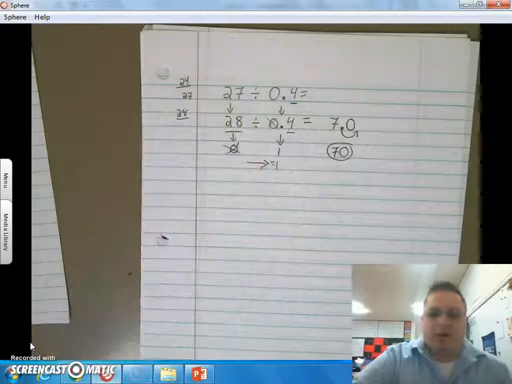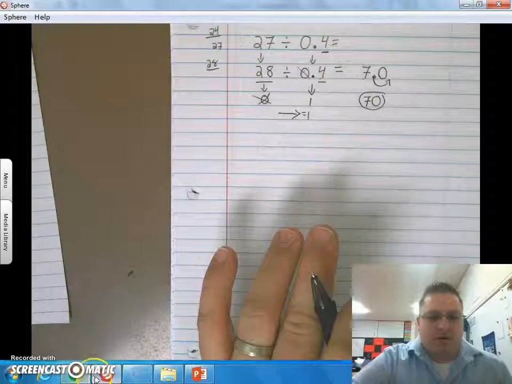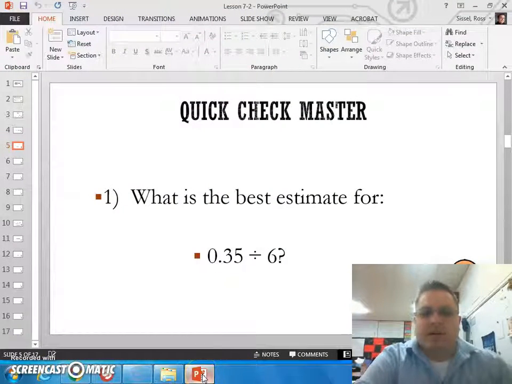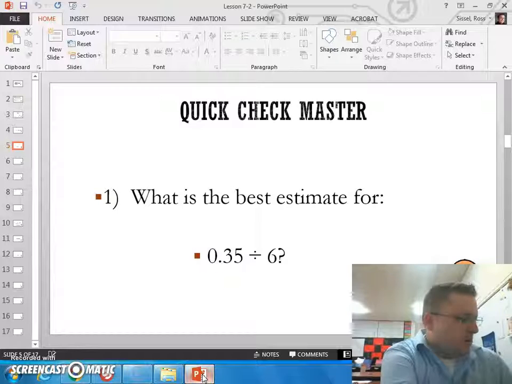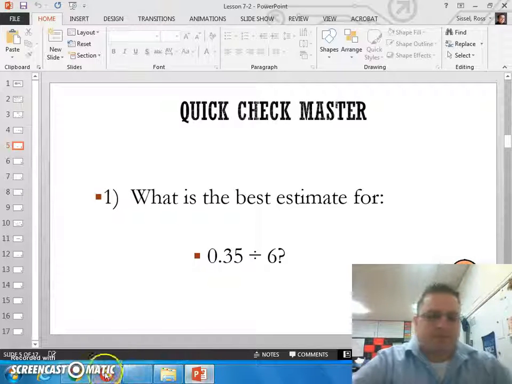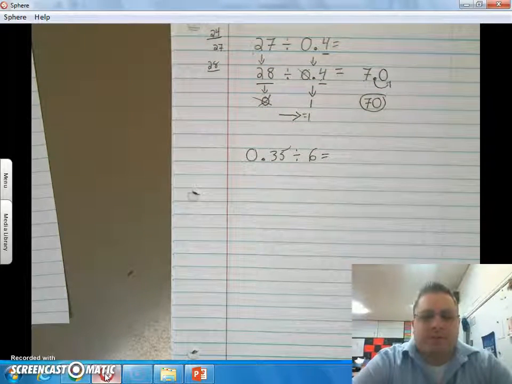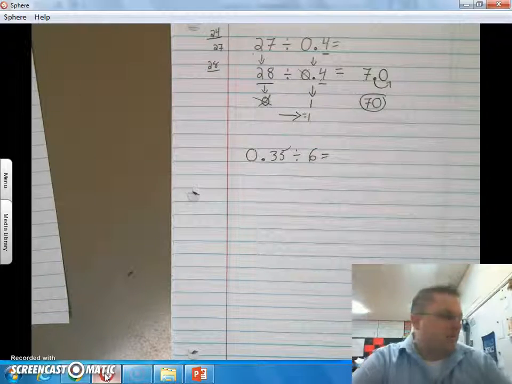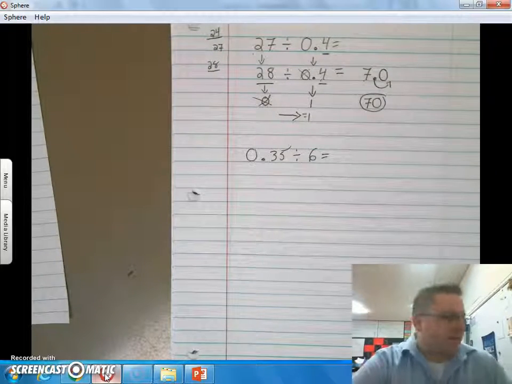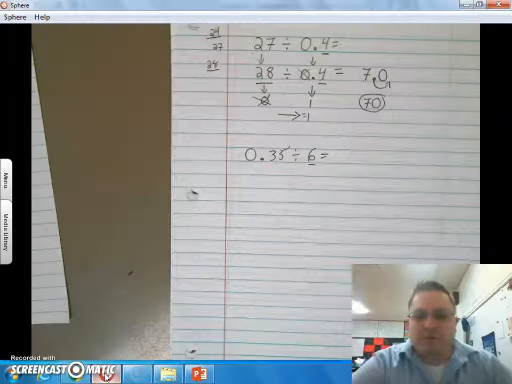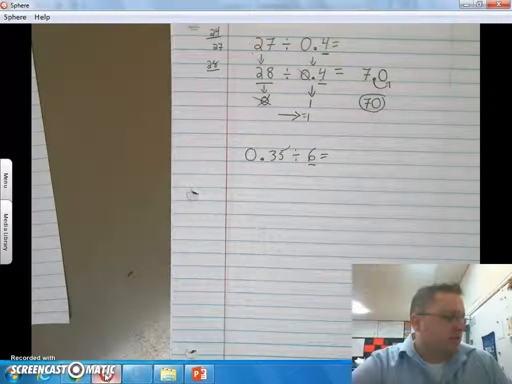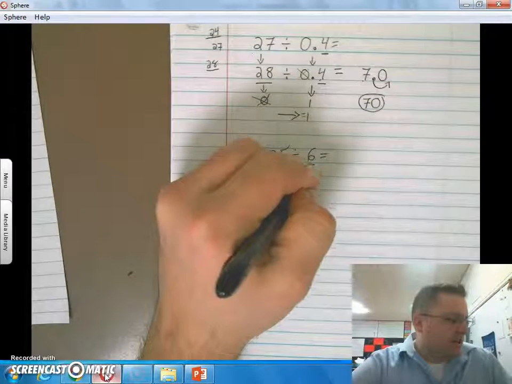Let's try another one. This was actually from your quick check. It was 0.35 divided by 6. Okay, so when we do this one, 4 steps again. Round our divisor. Our divisor is a whole number. It's only one place value, so it stayed the same as 6.